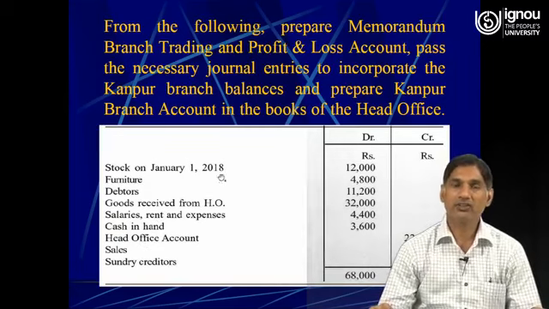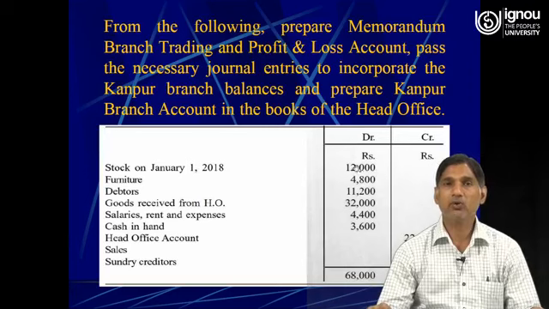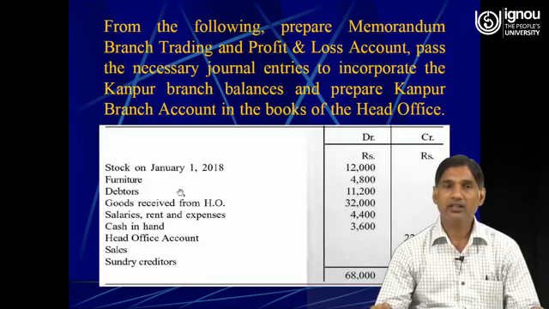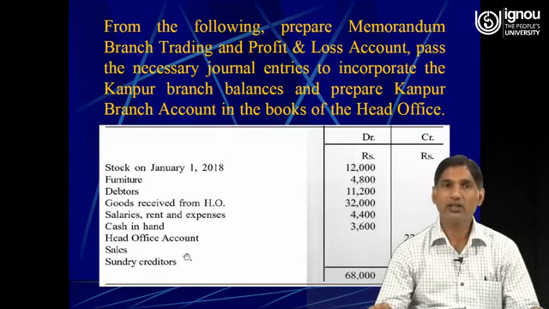Stock on 1st January 2018, the opening stock, is 12,000. Furniture is 4,800. Debtors are 11,200. Goods received from head office are 32,000. Salaries, rent and expenses are 4,400. Cash in hand is 3,600. Head office balance is 22,000.